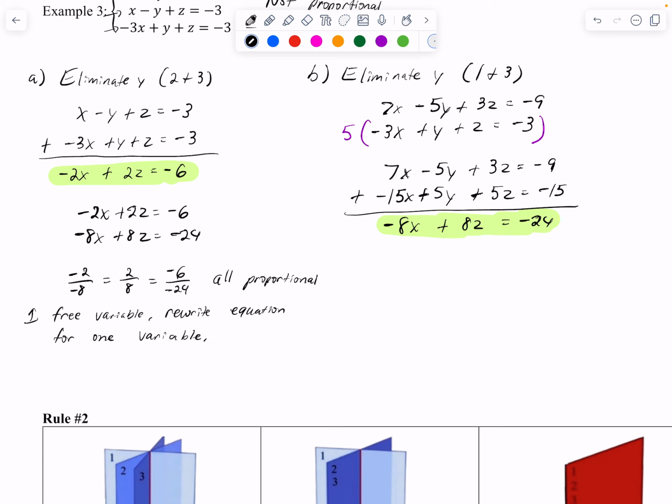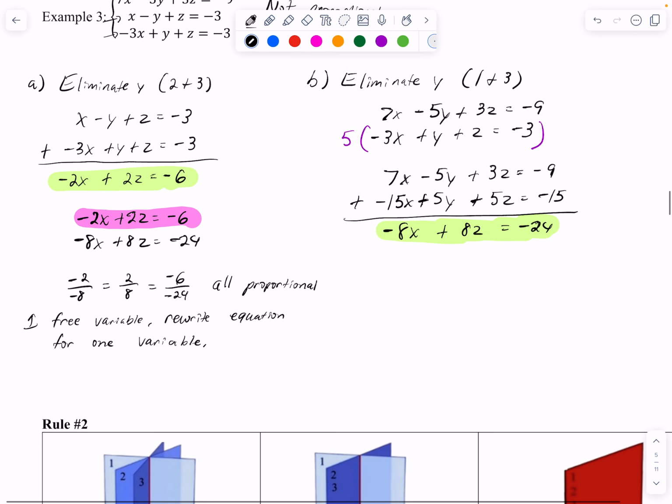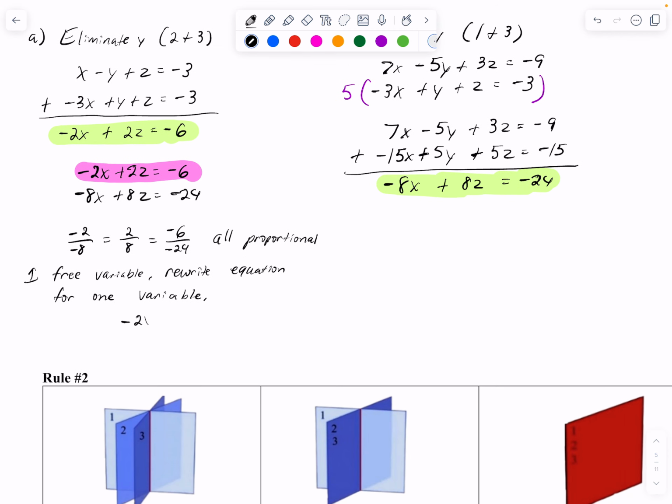All right, so what I'm going to do is take this equation right here, and I'm going to solve for z in terms of x, okay? So I'm going to write -2x plus 2z equals -6. Solving for z, so move the -2x over to become positive 2x, and then divide by 2 to solve for z.